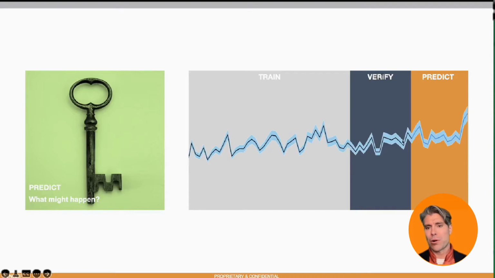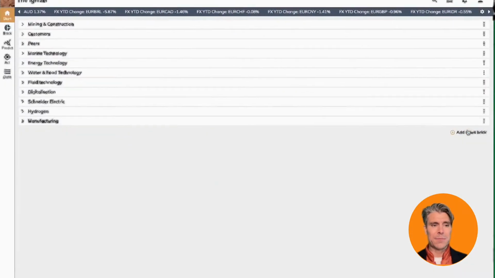We reserve a part of the time series for verification of the model, and we are predicting the upcoming period. That's the approach. And if we go into the system, we can see the result of this method.